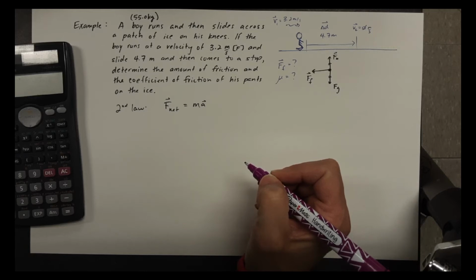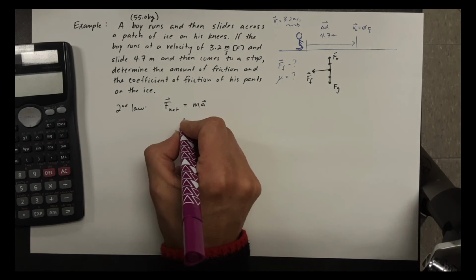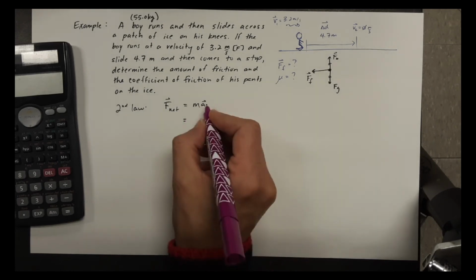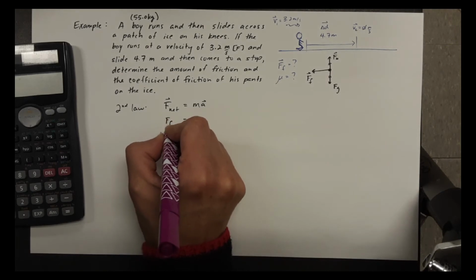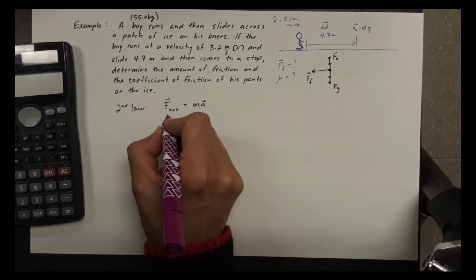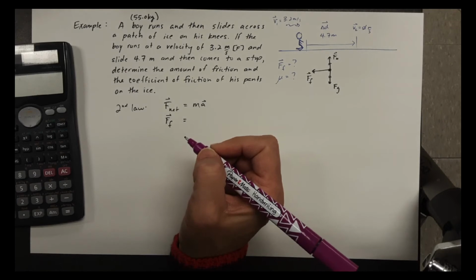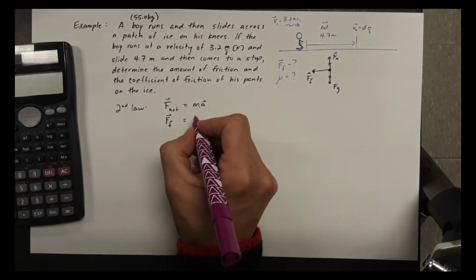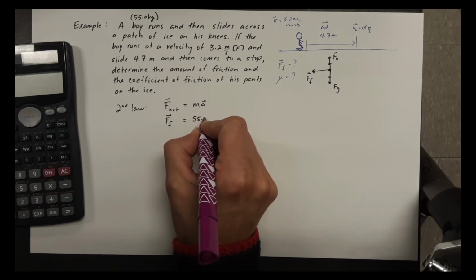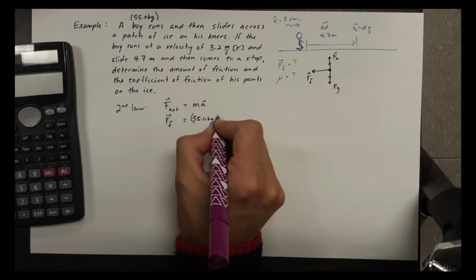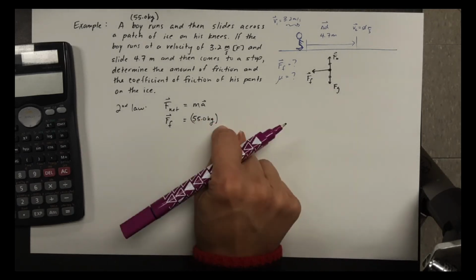So if the boy's mass is 55 kilograms, and I can find his acceleration, I'll know what the force of friction is. How do I get the acceleration?